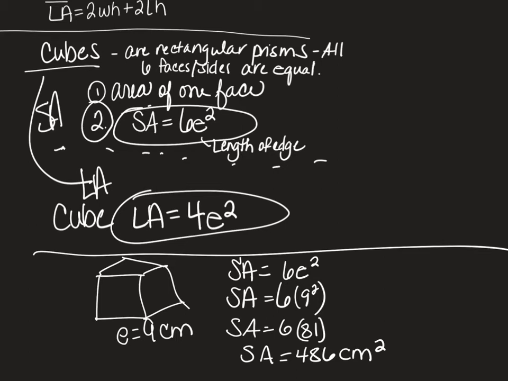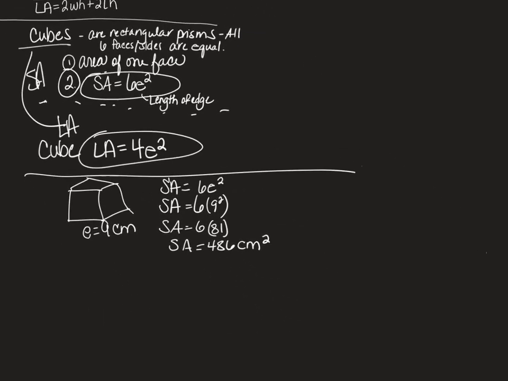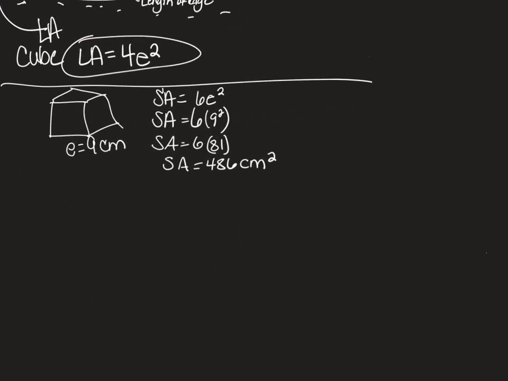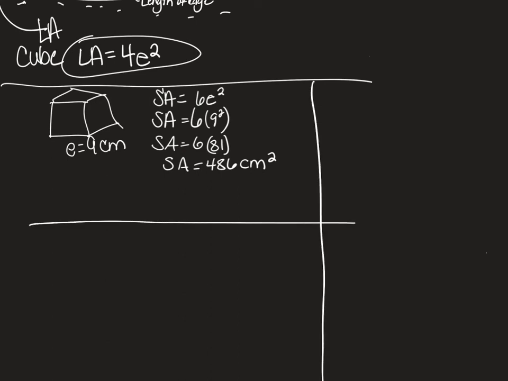Now we're going to do the same thing, except we're going to only multiply it by 4 because we're only finding the surface area of the 4 sides. And I'm actually just going to leave this up here and pull it over here and leave our same little cube. All right, so E equals 9 centimeters. What is the formula for lateral area? 4E squared. Okay, now we're just going to substitute.